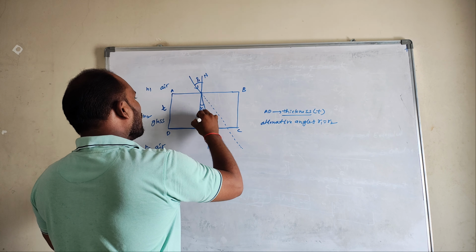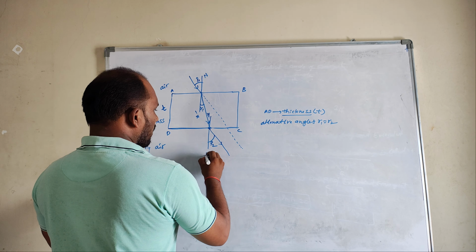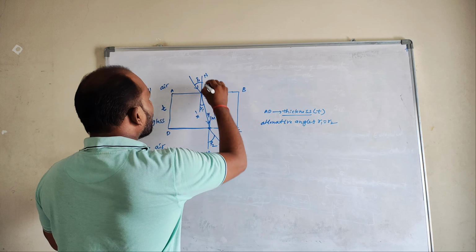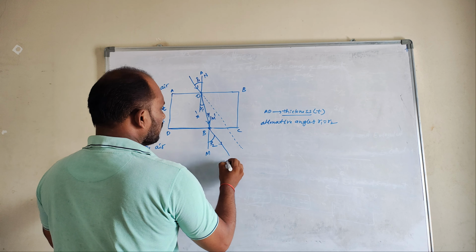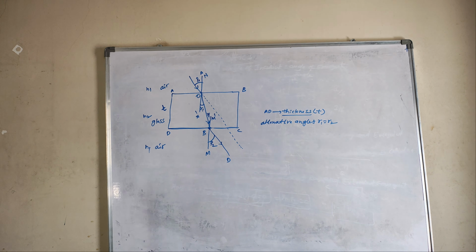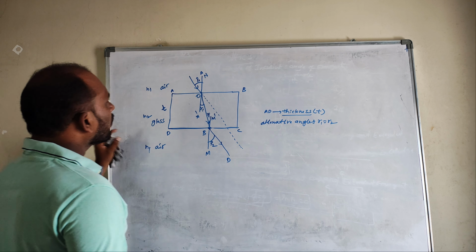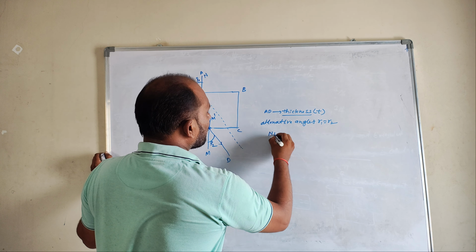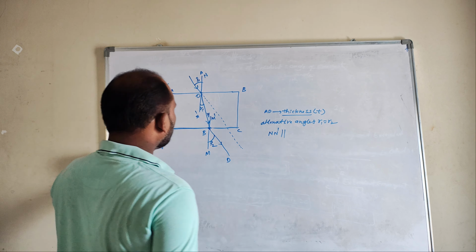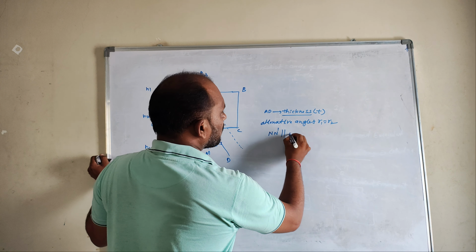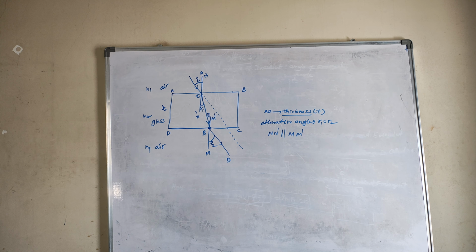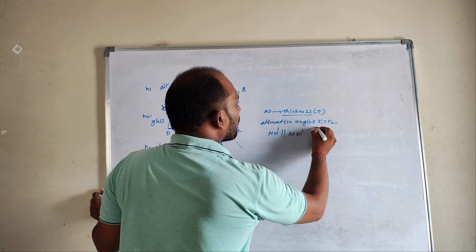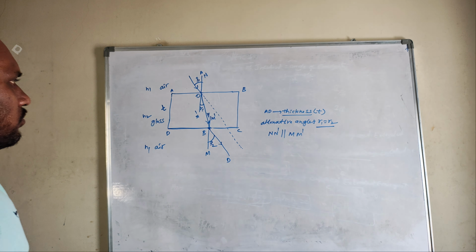Let us say N dash, M dash, A O B D. So see, guys, N dash is parallel to M dash. Because of that, R1 is equal to R2.